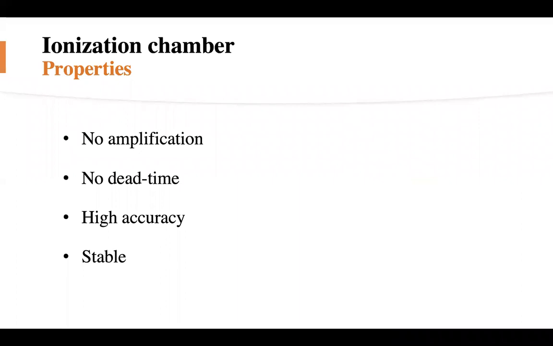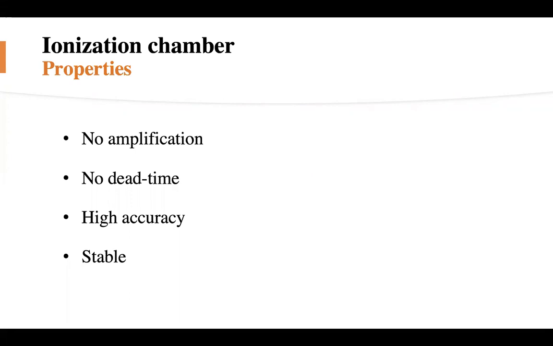So in this area there is no amplification, meaning only the ion pairs produced by radiation will be collected, no more than that. We will understand this point when we discuss the proportional counter. So just remember, the ionization chamber has no gas amplification, meaning no more than what the radiation produced.